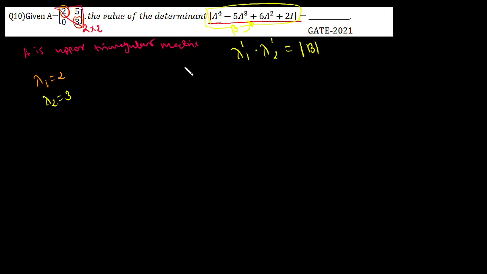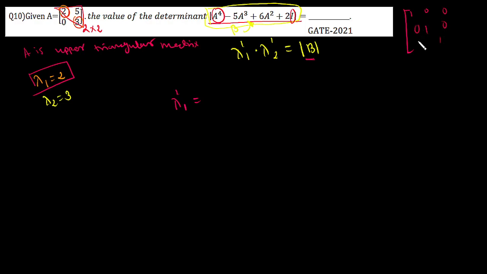So let's find lambda 1 prime for this matrix B. Simply replace this A with the first eigenvalue, because we are finding the first eigenvalue for matrix B, and replace this I with 1, because an identity matrix has all entries 0 except its diagonal entries.